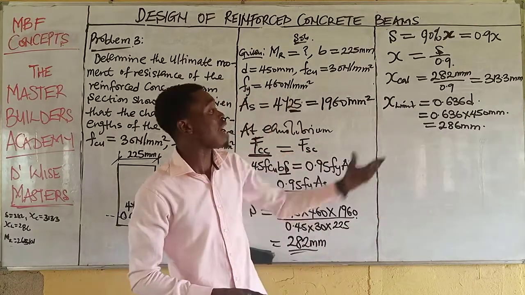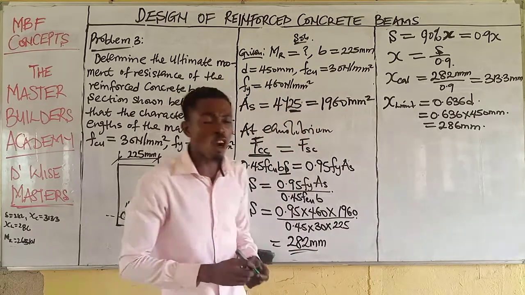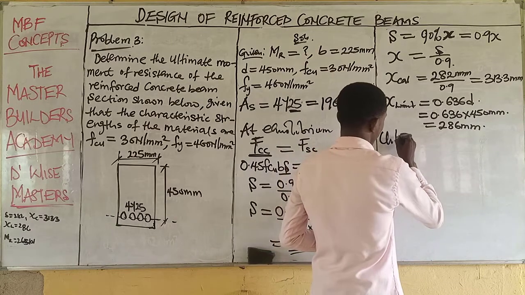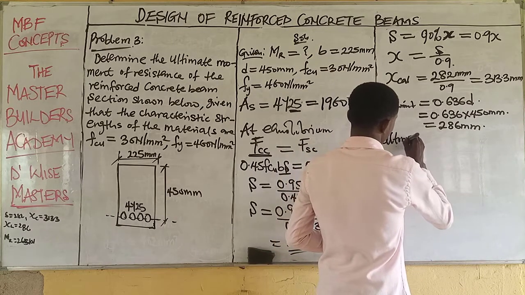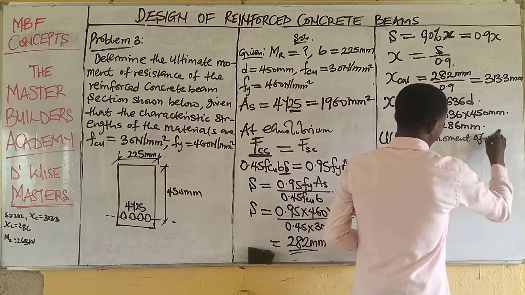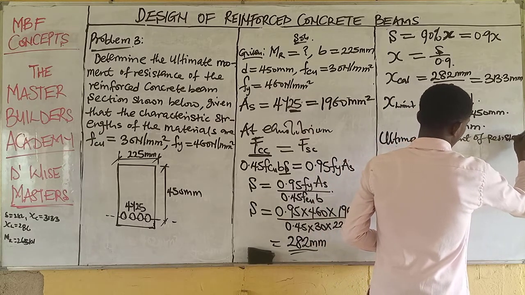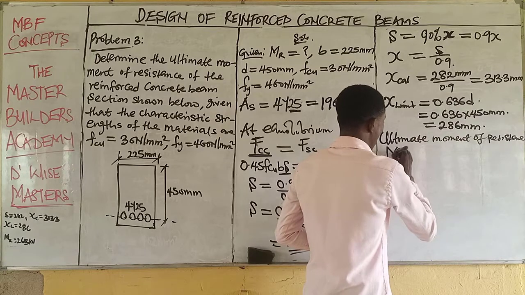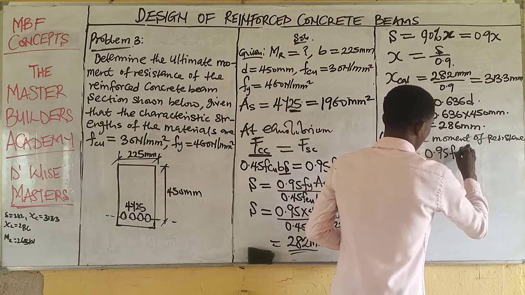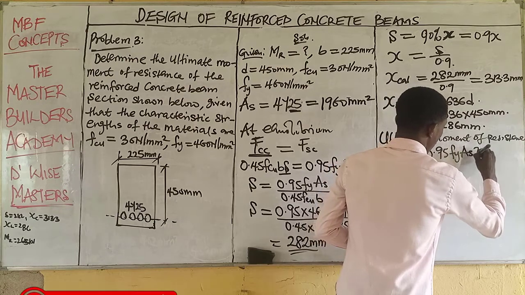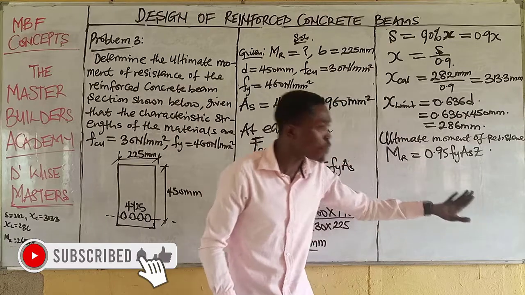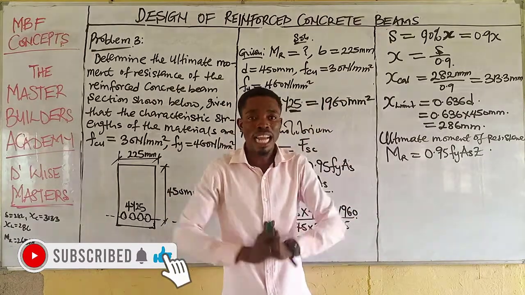And anytime we have this, the ultimate moment of resistance as required, MR, is given as 0.95 Fy As multiplied by Z. This is how we calculate the ultimate moment of resistance that a steel can resist.